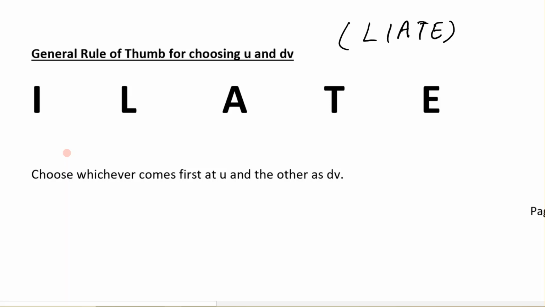In ILATE, the I stands for inverse trigonometric functions. L stands for logarithmic functions, it can be natural log or common log. A stands for algebraic functions like your polynomials, etc. T stands for trig functions, and E stands for exponential functions.